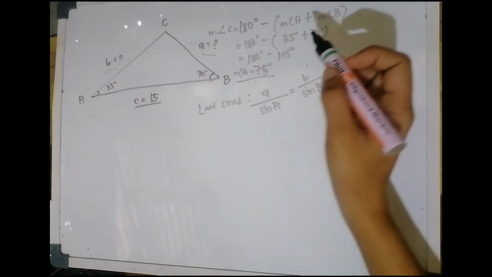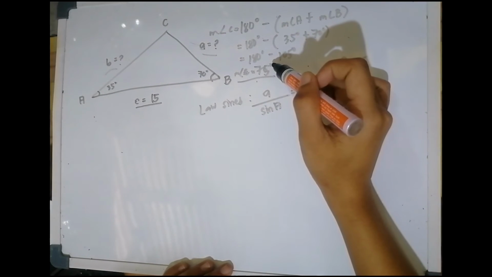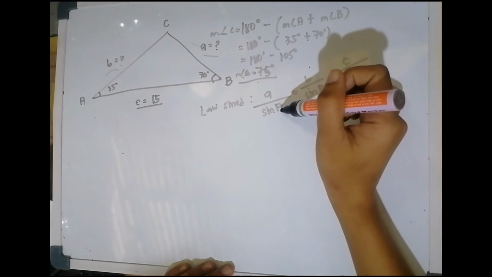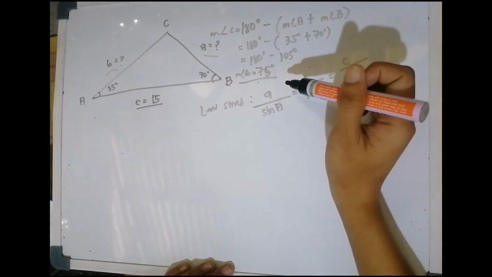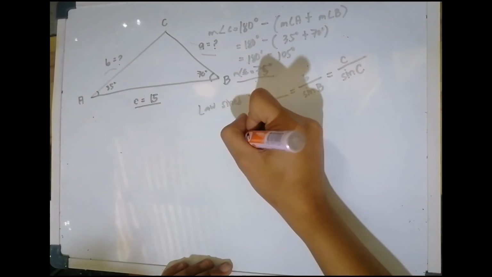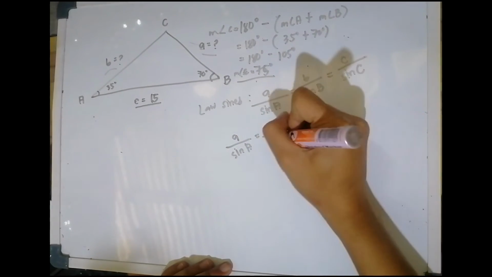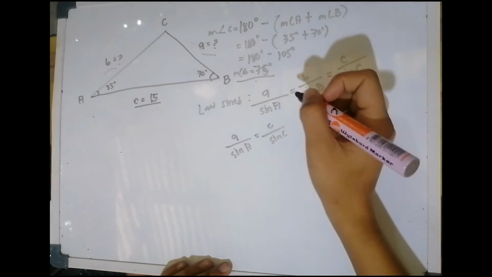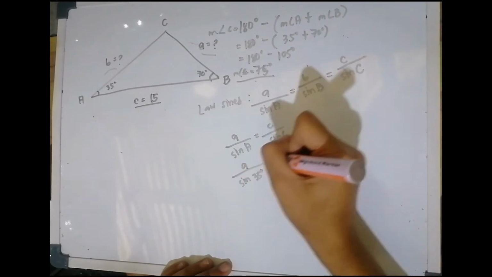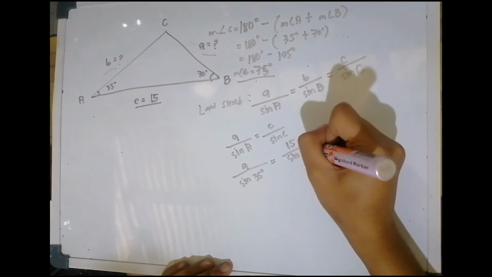Since we already have the measure of angle C, which is 75 degrees, the measure of angle A, which is 35 degrees, and the measure of side C, which is 15 units, we will utilize the formula A over sine A equals C over sine C. Substituting the values, we have A over sine 35 degrees equals 15 over sine 75 degrees.